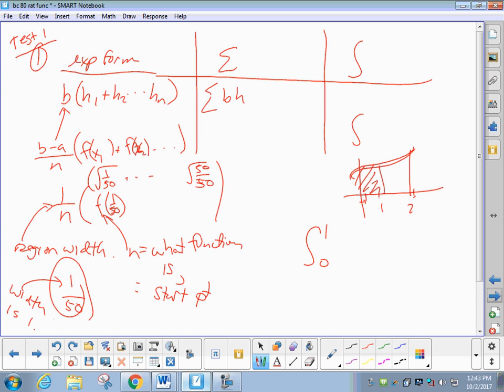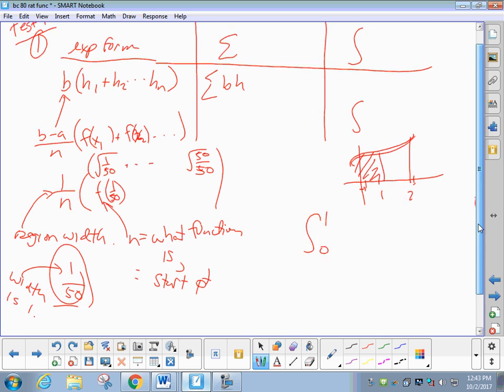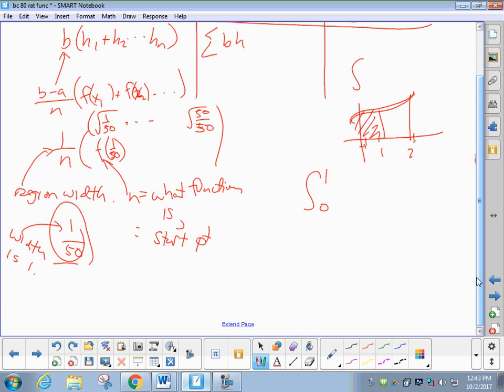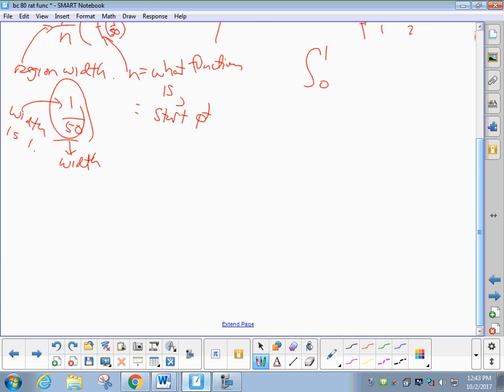This 1/50th, people say, well, where did it go? This is the width of each region, as we said. When you take infinitely many rectangles, where does the width go? It's the dx, okay? So don't think there should be a 1/50th in my work. The 1/50th becomes the dx as you take more and more rectangles. The inside is just, what is the function?